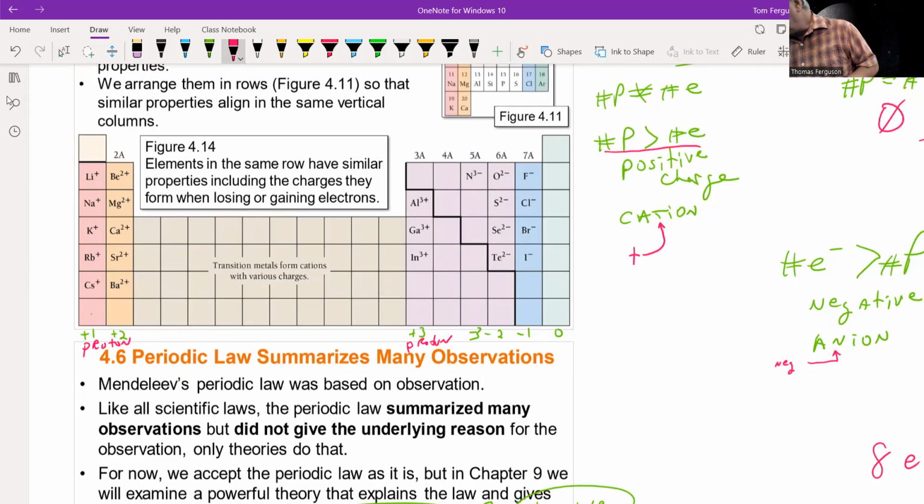This is B up here. Going the other way, the halogens here want to be a -1 anion. Under oxygen, -2. Under nitrogen, -3. And under carbon, it doesn't form ions.